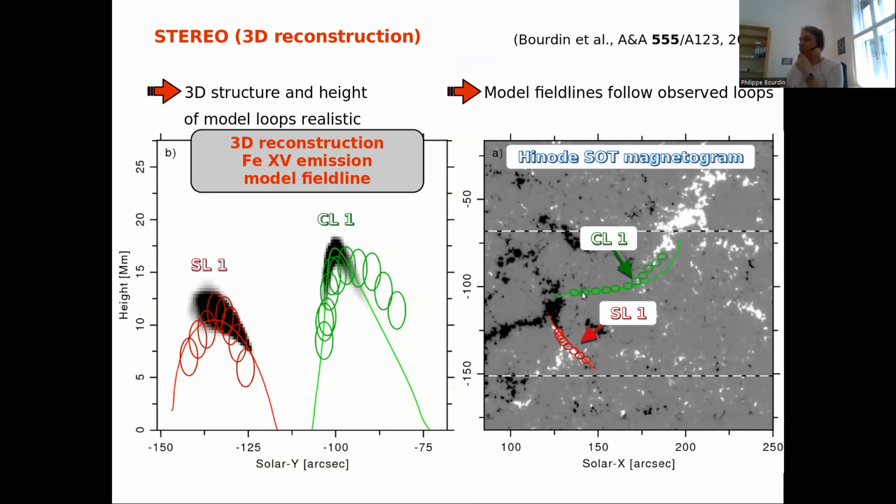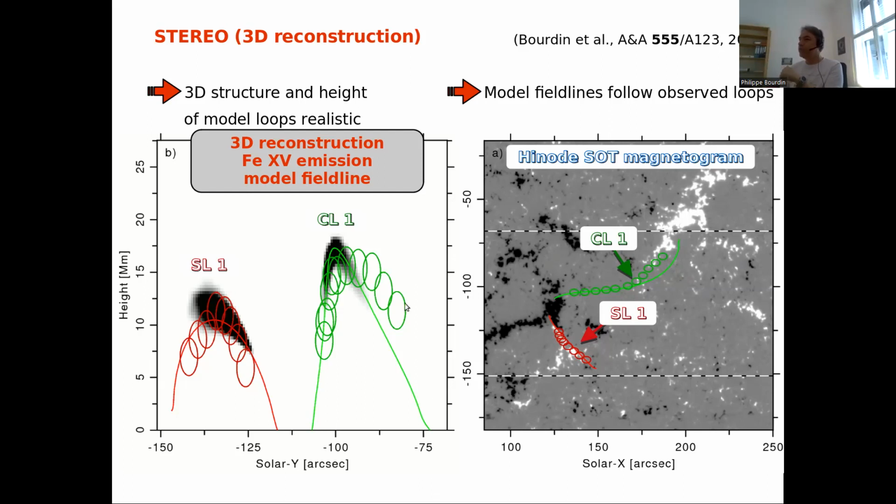What you would find are these circles here from the top view, or from the side view here on the left side. These are ellipses that are the reconstructed coordinates from these intensity structures that we have seen also in stereo. The main finding is, if you consider that line, that is a field line directly traced from the model, while the circles are the reconstruction from the observed loop.